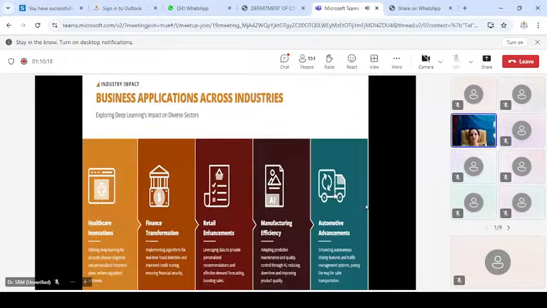Coming to the retail industry, see, DL is improving both customer experiences as well as operational efficiency. The e-commerce platforms are using deep learning models to deliver personalized product recommendations. They are enhancing the search functionalities and they offer more effective customer service through AI-driven chatbots.